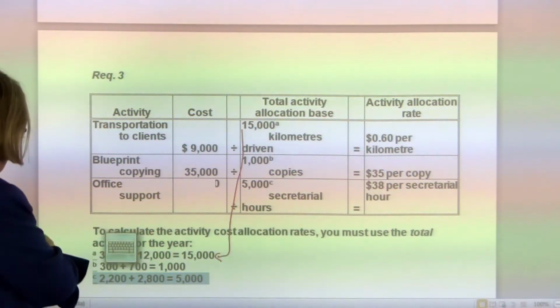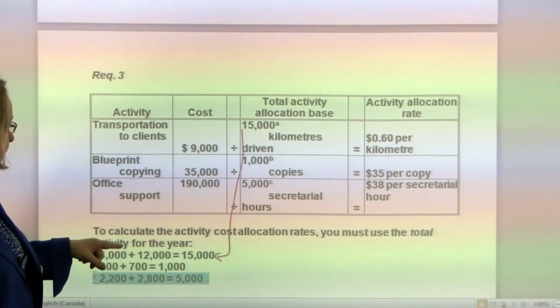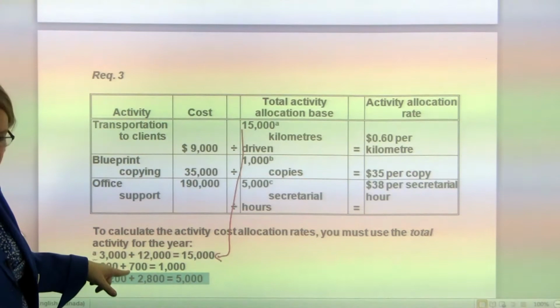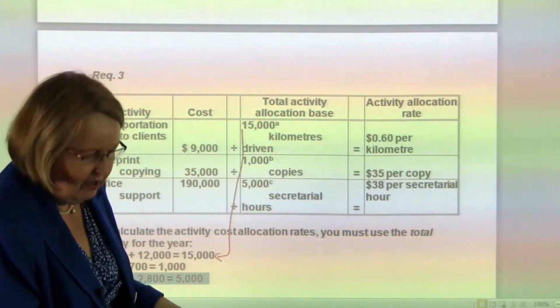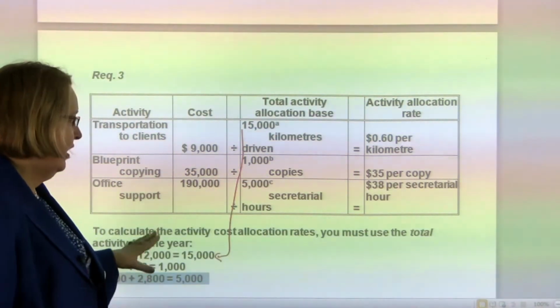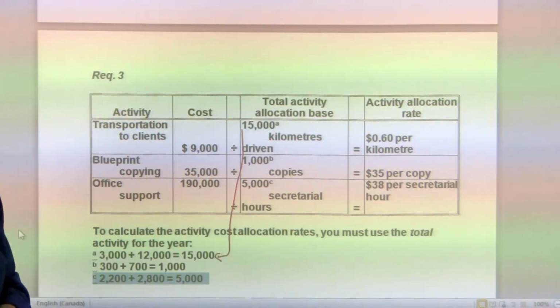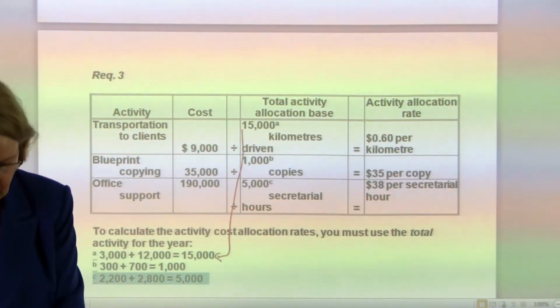So you're looking at the total for this activity. The same thing for copies. We're told we have 300 plus the 700 for the different clients that you're working on. So it's the total number to come up with your rate per unit. Okay, so that was requirement 3.